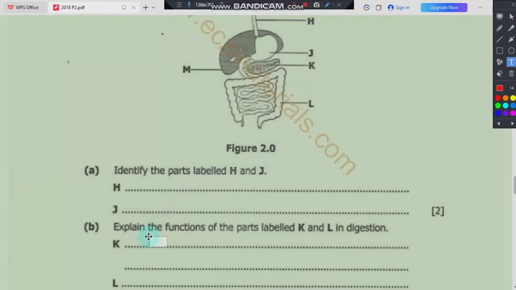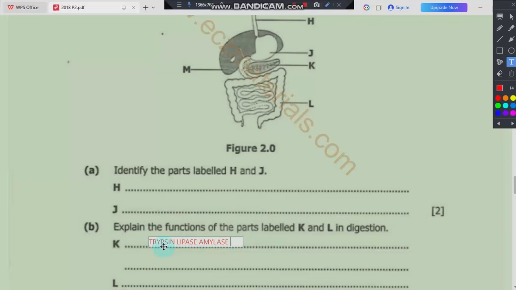So all those are the three major enzymes that the pancreas produces. We need to understand the function of these three major enzymes, the pancreatic trypsin, pancreatic lipase, and pancreatic amylase.